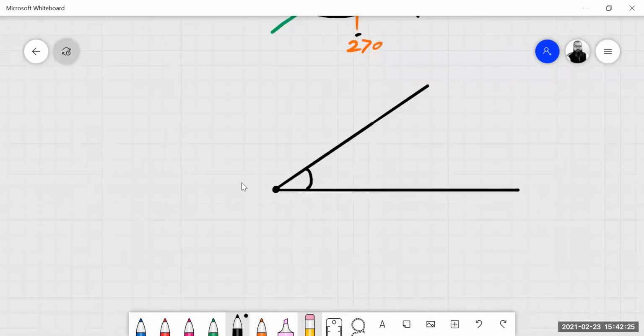Then start moving from this side to this side. We will put the center of the protractor at the beginning. Then this line will be at 35. So I am writing 35. It can be 40, it can be whatever. Okay.